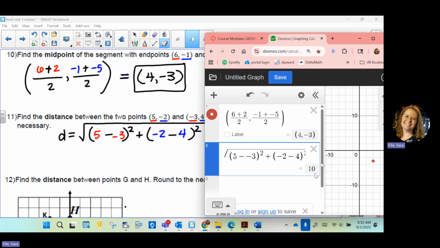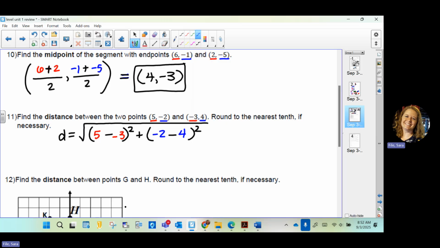And there it is. It's 10. So I didn't have to do any fancy calculating. The calculator did it for me. The distance is 10. Now, if it was a decimal, it said to round. That one wasn't a decimal, so I didn't need to round. But remember your place value if you do round. Tenth is one place after the decimal.